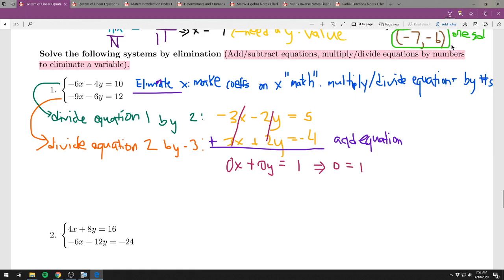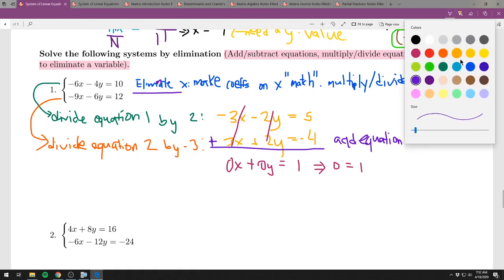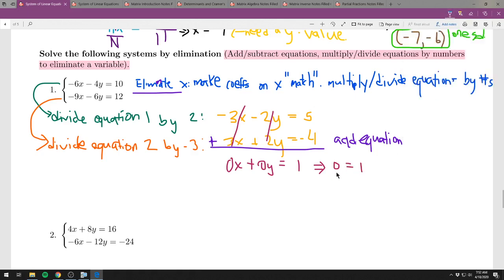And if you recall what happens here, if you get a contradiction, if both sides are a number and they're different, then there are no solutions. And you stop there. If there are no solutions, you're done. So there are absolutely no solutions to this. There's nothing more to do.